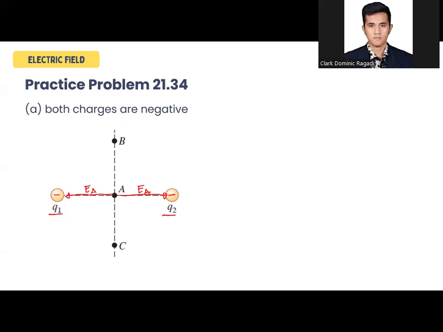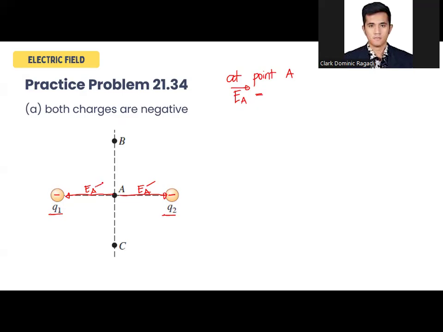Okay, let's try to solve for point A. Looking at this diagram of the electric field lines, the sum of the electric field at point A, a vector, is equal to the sum of this vector here and this vector here.